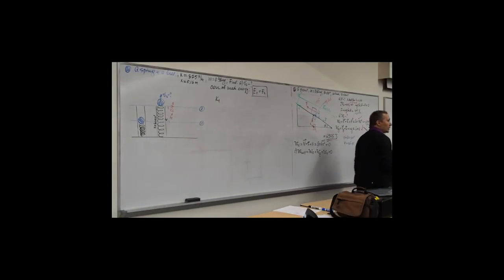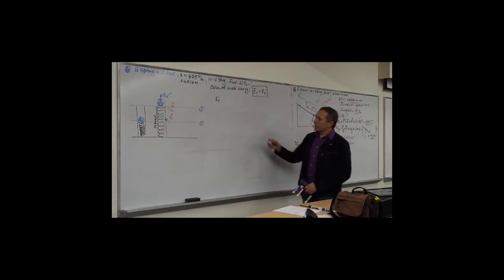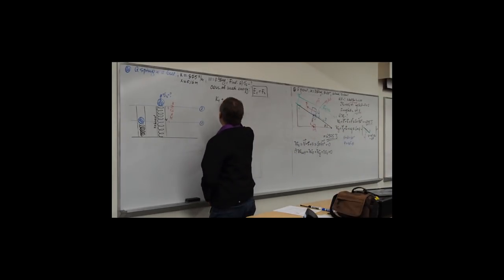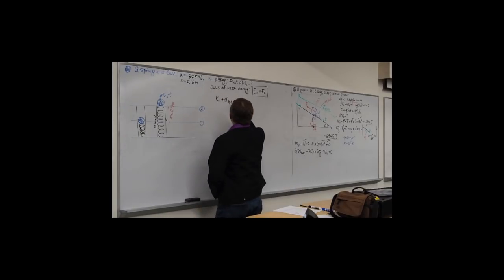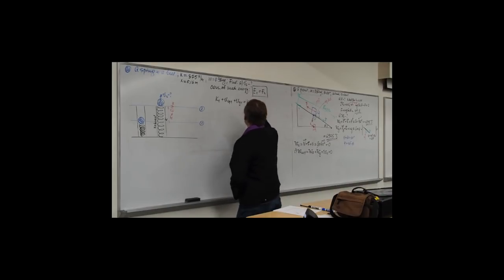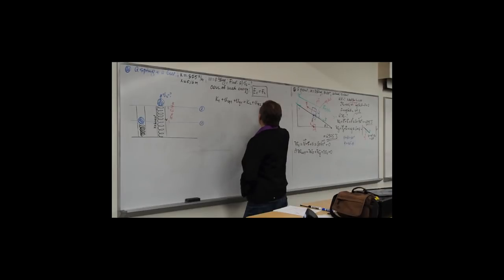And how many potential energies? Two. Okay, so let me start with the spring: U spring 1 plus U gravitational 1 equals kinetic energy at the second point plus spring potential energy at the second point plus gravitational potential energy at the second point.